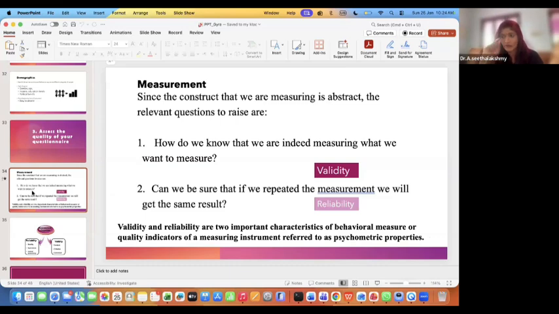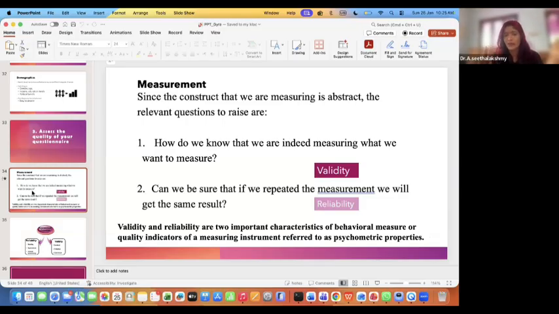Please be very sure of that. When the respondent reads it, they should not be confused about whether it is a question on anxiety or on stress. What it is intended to measure, it should measure. So the question should be framed accordingly.